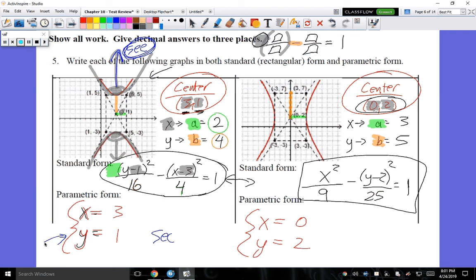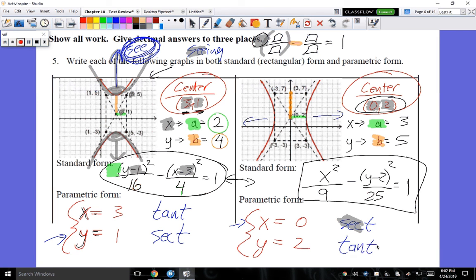So that secant will be secant of theta or t, and the other one's going to be the tangent. Just like over here, this one was looking x-wise, so with x, that's where the secant is going to go. And when I say looking, I mean where is it seeing? I know that's kind of weird to say, but where is it looking? Where is it seeing? And again, this C almost looks like secant. That's just the way that I help my students familiarize which one is which on a time crunch, short term basis.